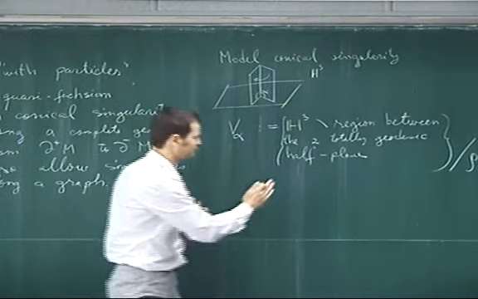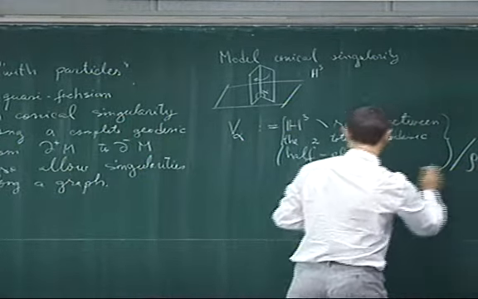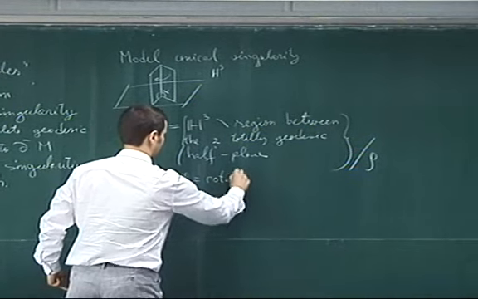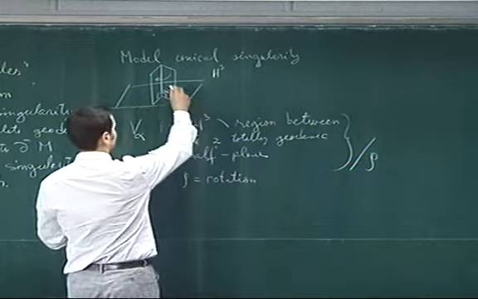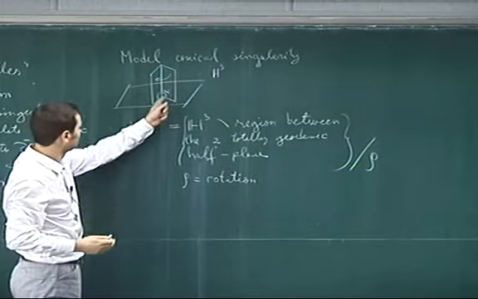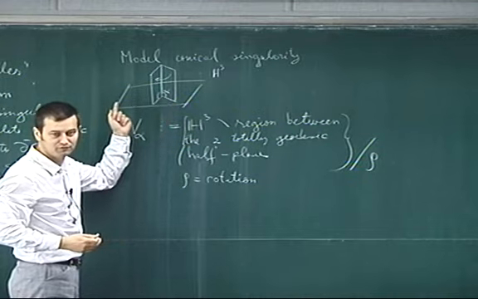Maybe the notation is not very good. So rho is this rotation which moves by angle 2 pi minus alpha around the singularity.